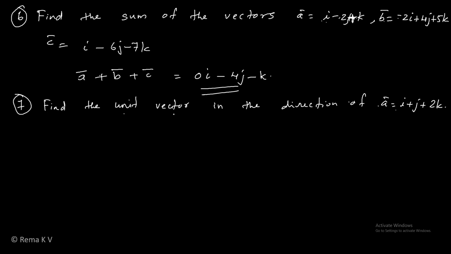So the unit vector in the direction of vector A is denoted by A cap, and this is given by vector A by modulus of vector A.